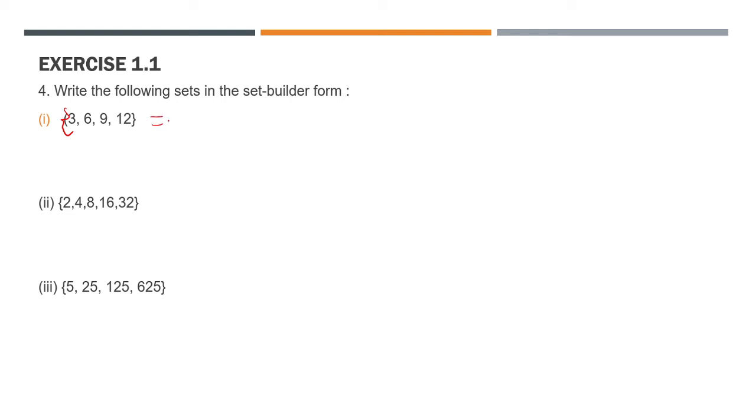So, we can write this as the set of all x such that x is equal to 3n, where n belongs to N. This N denotes natural numbers, and here we are having only 4 elements. So, we have 3, 6, 9 and 12. So, our n varies from 1 to 4, so 1 less than or equal to n less than or equal to 4.